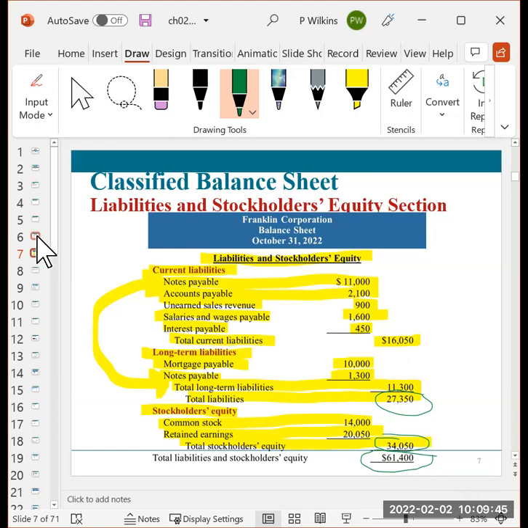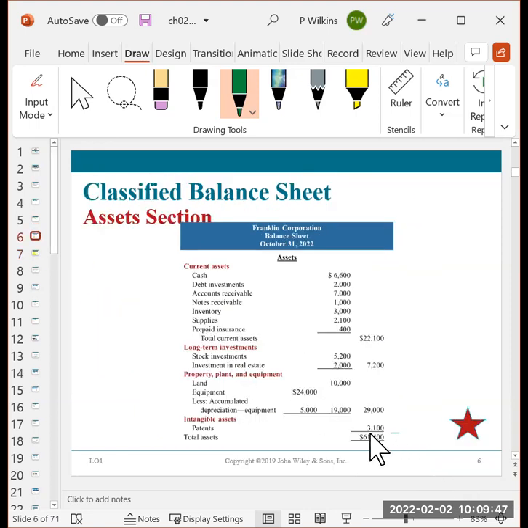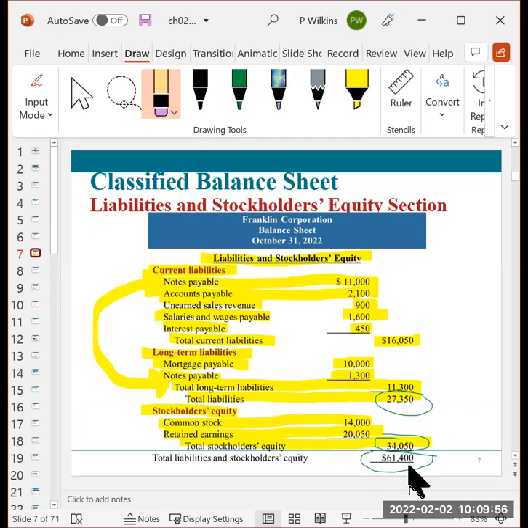So if we go back to the prior slide and look at the assets, we see that the total assets were 61,400. And now if we go back to the liabilities and stockholders' equity, you see it's 61,400. So that's exactly what we want: assets to equal liabilities plus stockholders' equity.